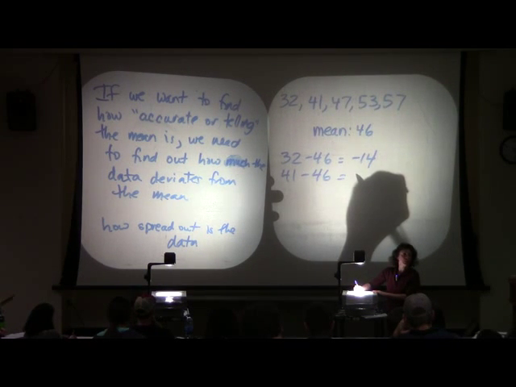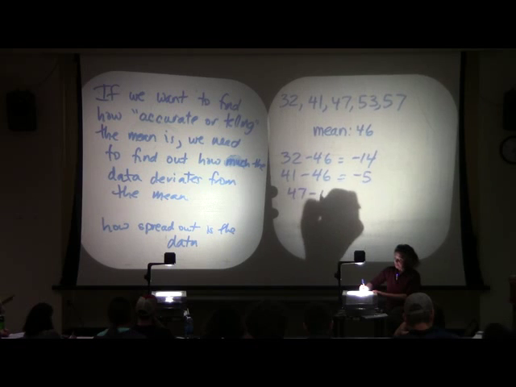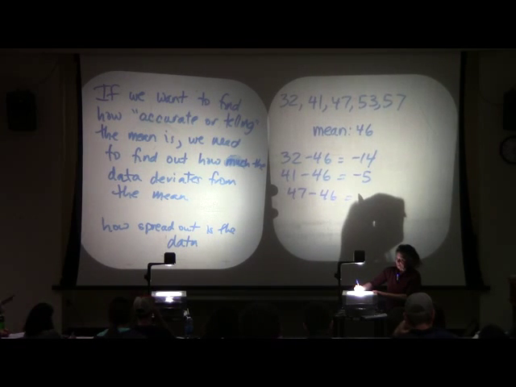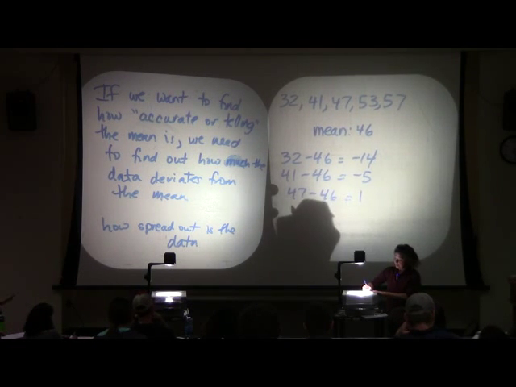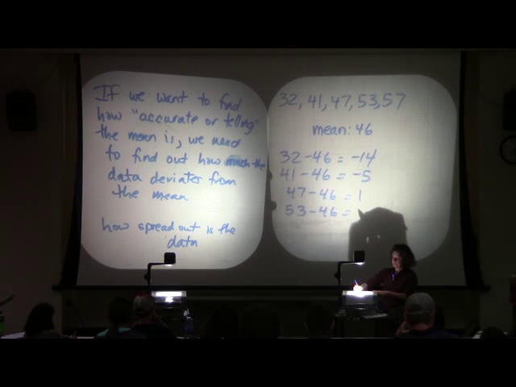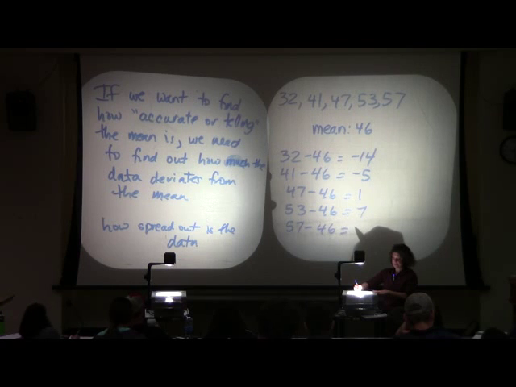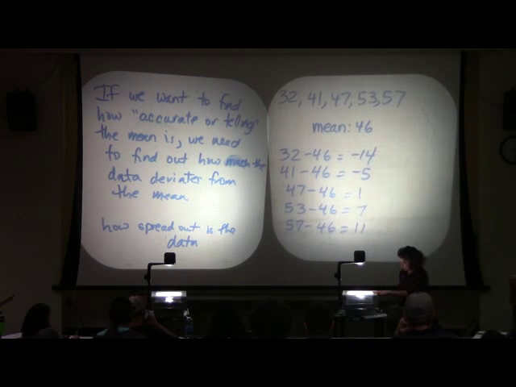What do you get here? Negative 5. Then you do 47 minus 46, and what do you get? 1. Then 53 minus 46 is 7. And then 57 minus 46 is 11.